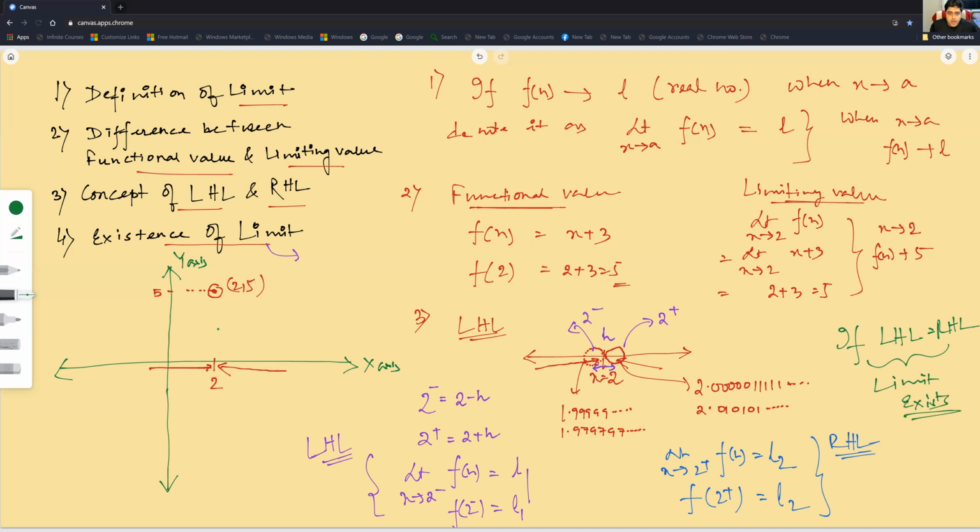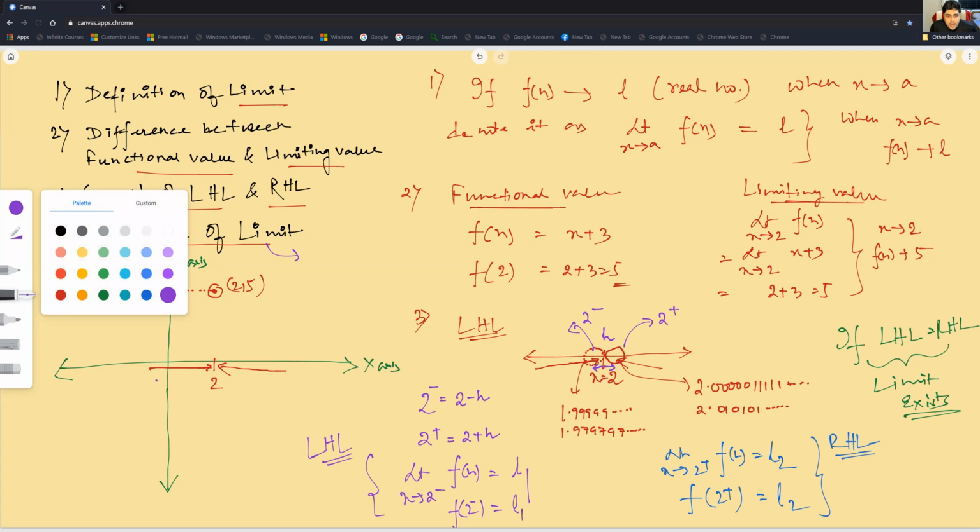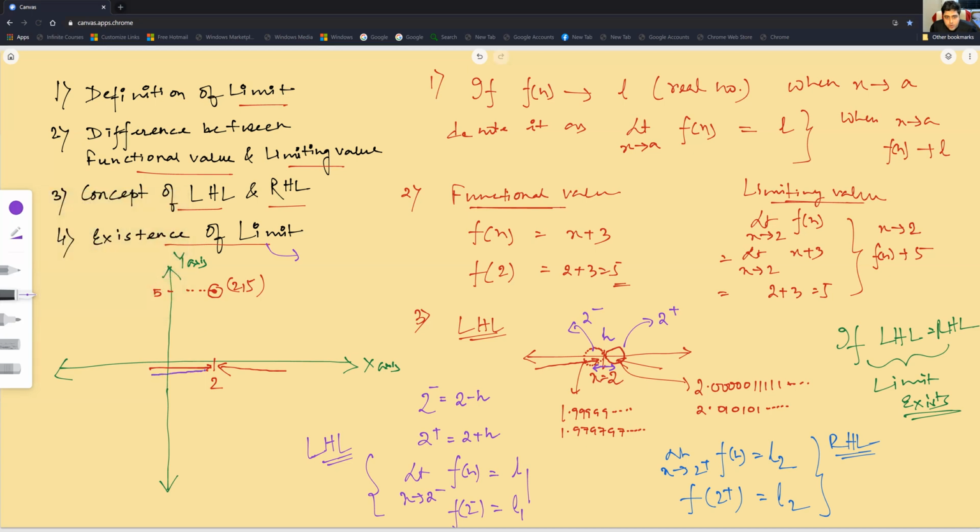Clear? That is, if I approach from the left side towards that point 2, I am drawing here, let's say for LHL, you will get a value which is towards that point on the y-axis.